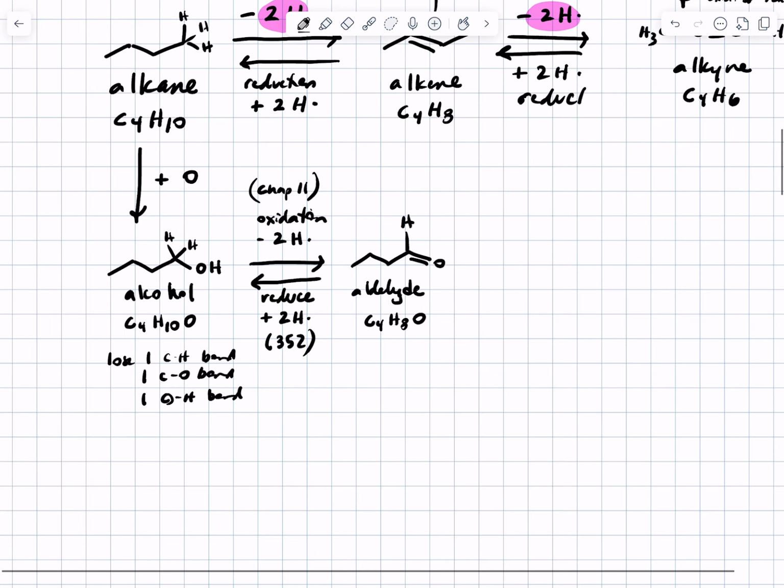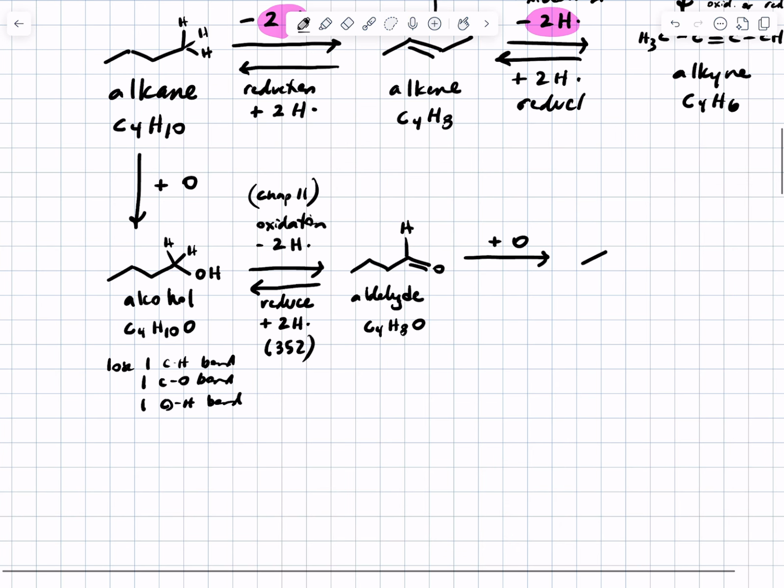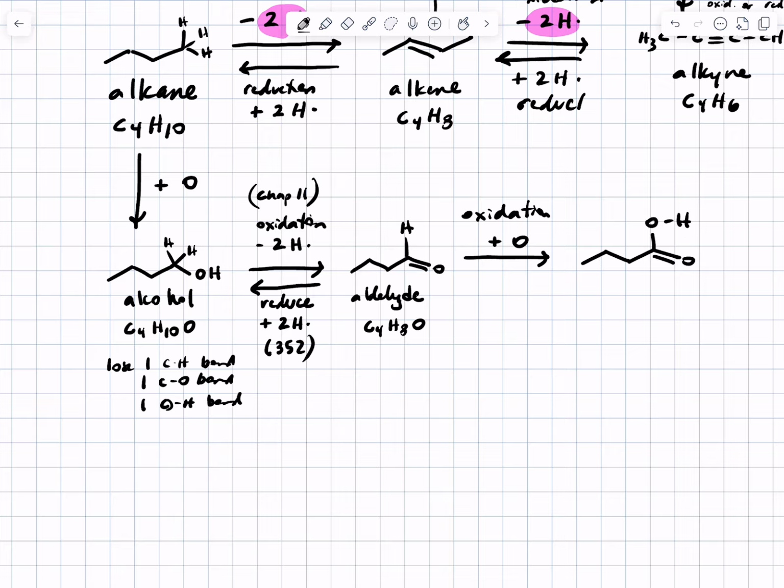And then if we take the aldehyde and we add an oxygen atom to it, we can convert the aldehyde to the carboxylic acid, where again we have lost one CH bond and we've gained one CO bond.